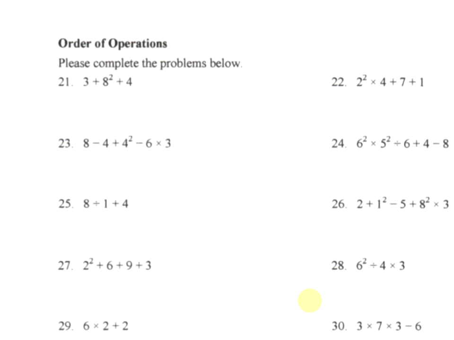The second part of this doesn't have parentheses, but it does have problems with exponents. So, the first one there, 21, says 3 plus 8 squared plus 4. So what do I do first? Exponents. So I have to do the 8 squared first.